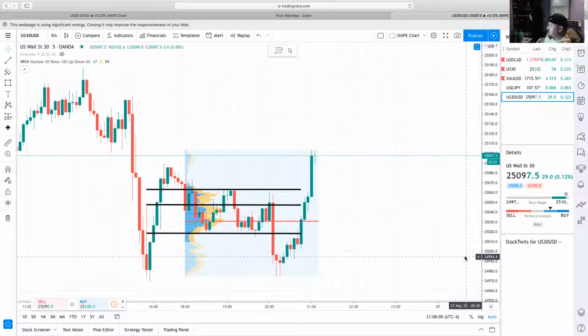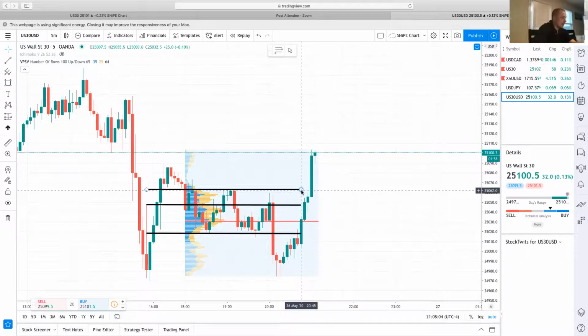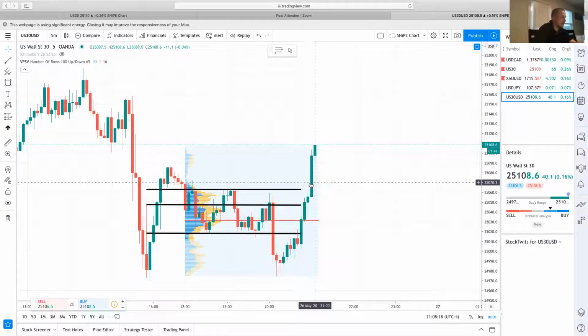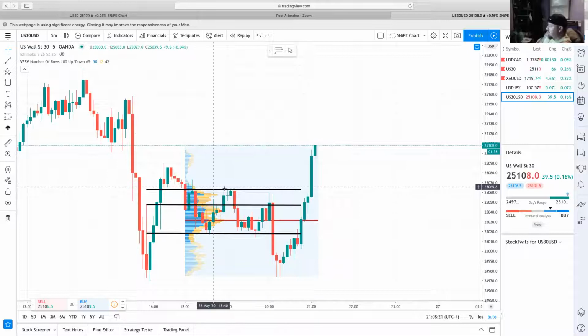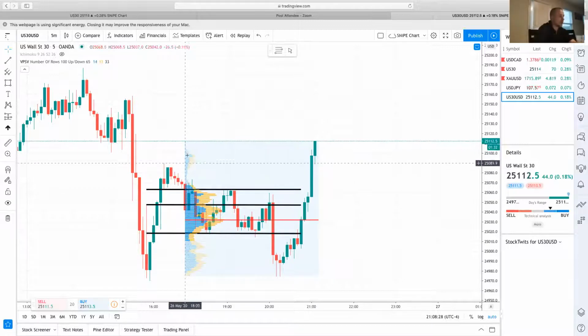See how it skipped all them low volume nodes? Yeah, and right where I would have drawn up my resistance, that's pretty dead on to where I would have got into the move to begin with. If I had my resistance right here, I'm always waiting for it to go a little bit, and I probably would have found my way in right around this area. At least you could have known where it was going to stop, at least on that high volume node up there. Right. So this right here is what you're talking about.